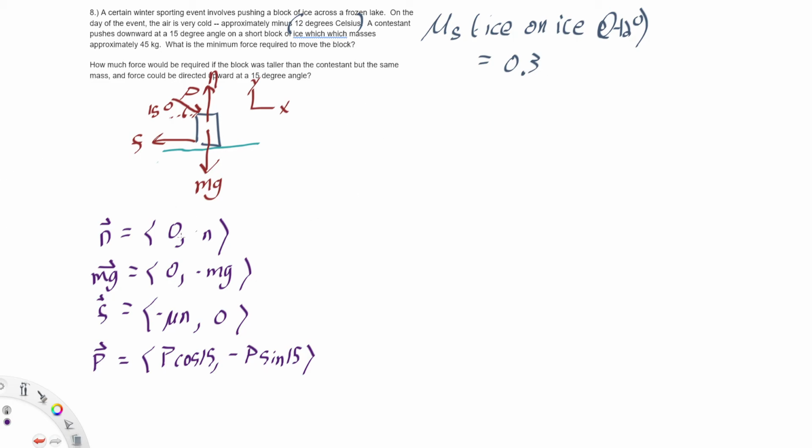Okay. So then we pull out Newton's second law. Sum of forces in the y direction is n minus mg minus p sine 15, and we do expect those to add up to 0.